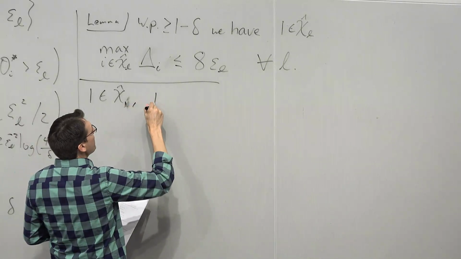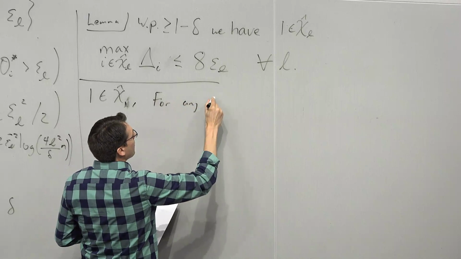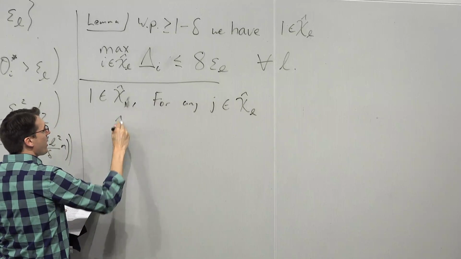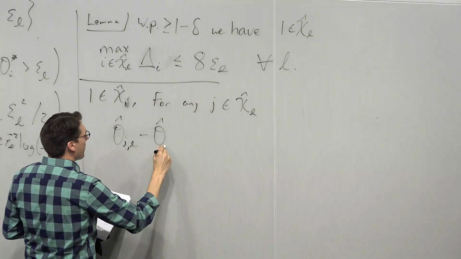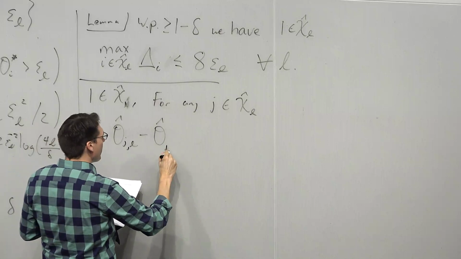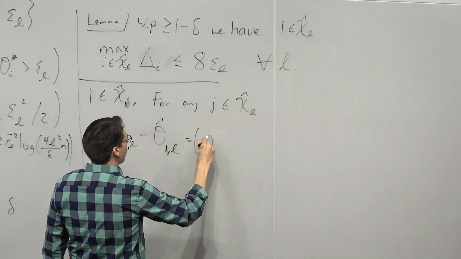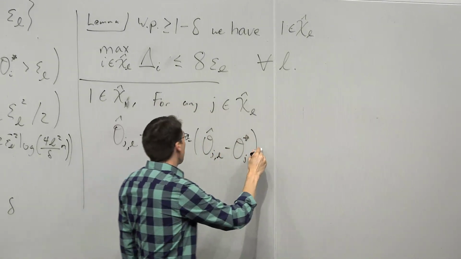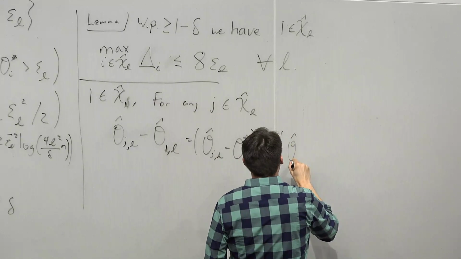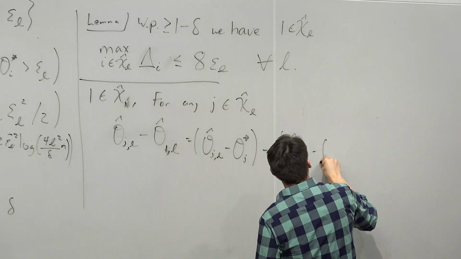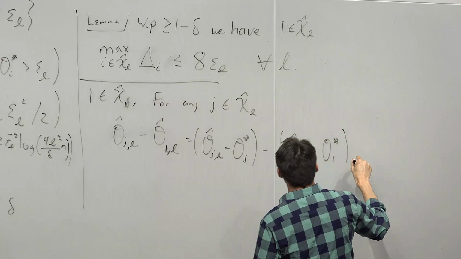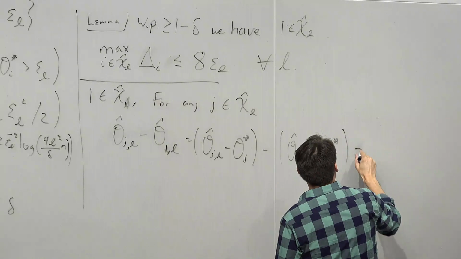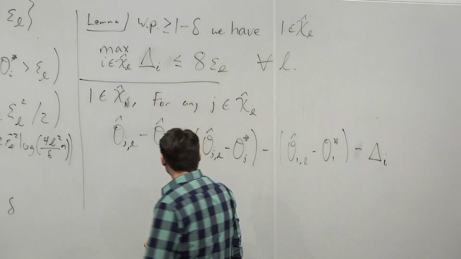So for any j, we have that theta hat j L minus theta hat 1 L is equal to (theta hat j L minus theta star j) minus (theta hat 1 L minus theta star 1), where I'm putting suggestive parentheses, plus or minus delta j.